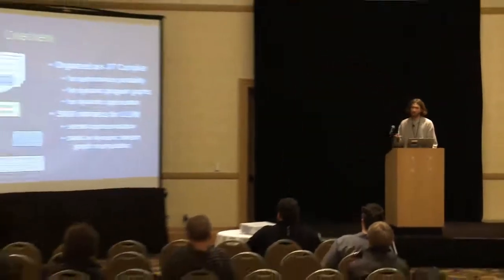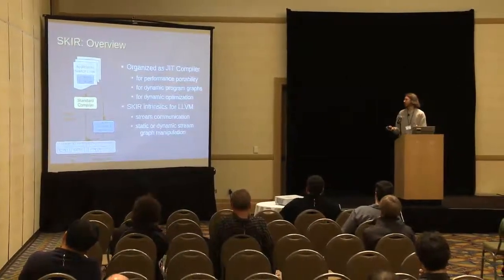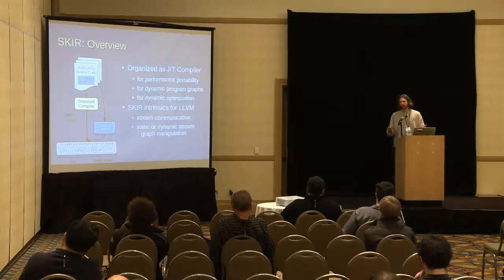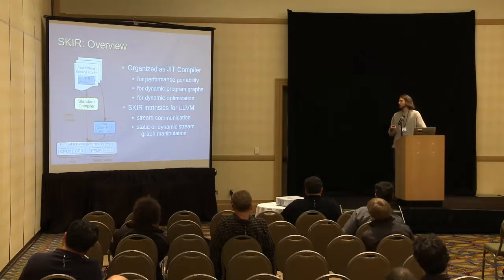And so on the left, this is the same model in the SKIR system. SKIR is organized as a JIT compiler for performance portability, so being able to target a variety of parallel platforms with one compiled bitcode or executable. And this also allows you to have dynamic program graphs that you wouldn't be able to have in a static model.